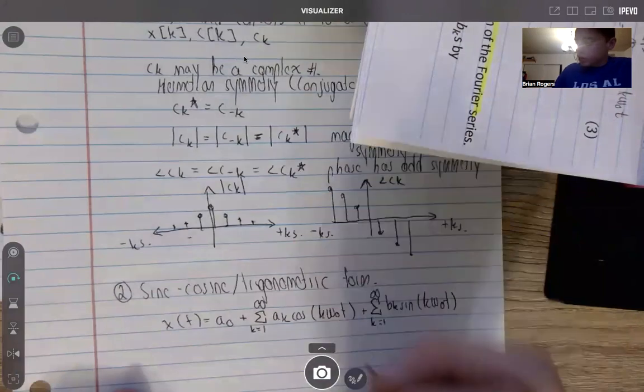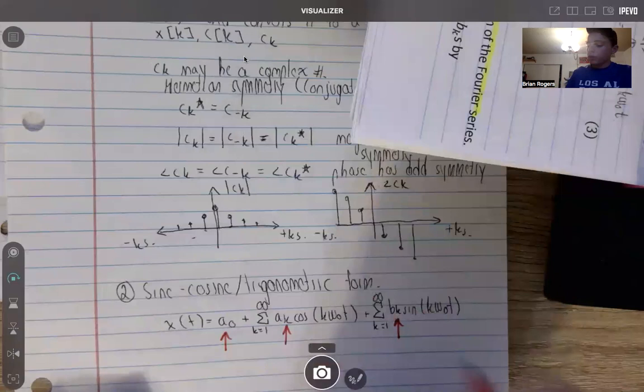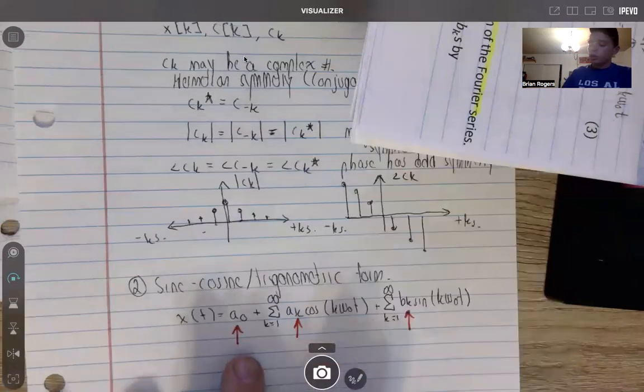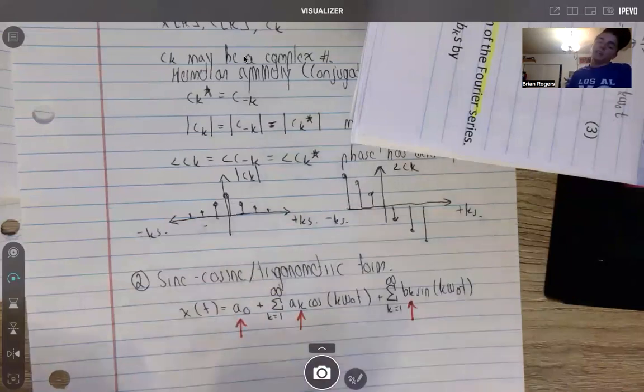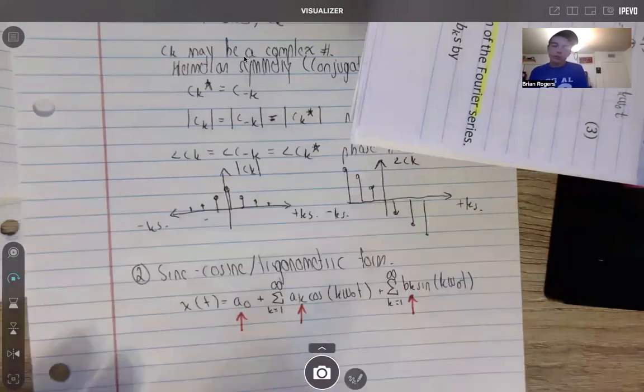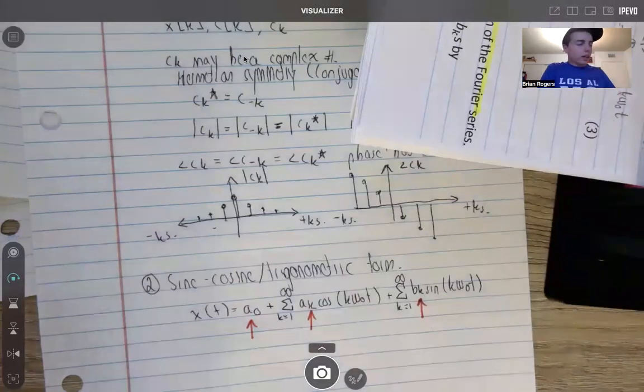Here's one coefficient, here's another coefficient. This is telling you how much of the k harmonic, how much of the 0 harmonic. And so this is like your DC signal right here, because it's the 0 harmonic. At a frequency of 0, that's a DC signal.